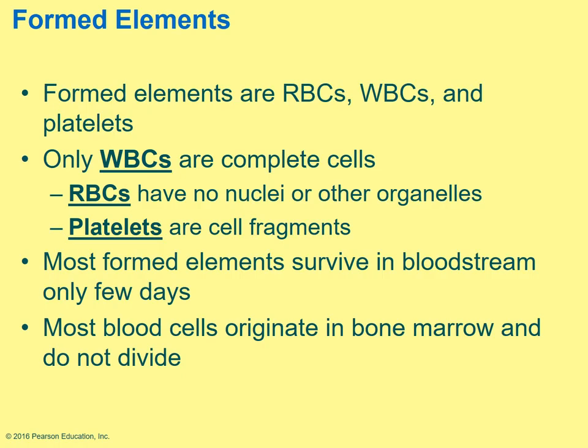So there's no mitochondria or anything like that. The platelets are simply fragments of cells. Most of your formed elements are only going to survive for a few days. They certainly do not survive a lifetime in your blood, so you're constantly making more. Most of them are going to originate in the bone marrow.